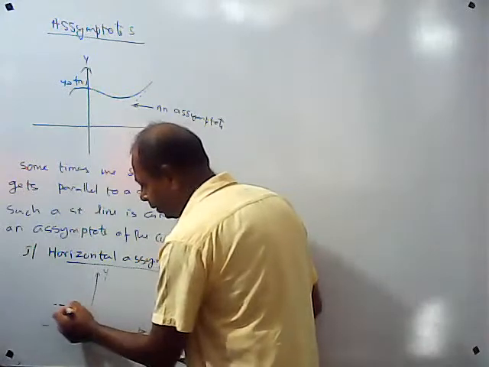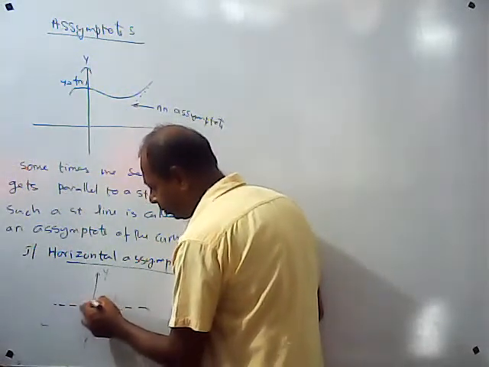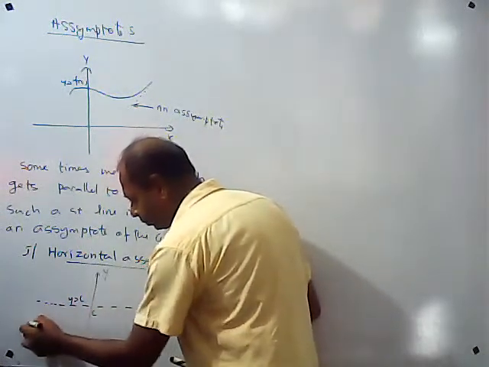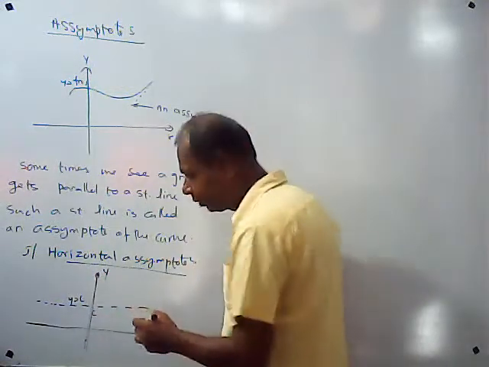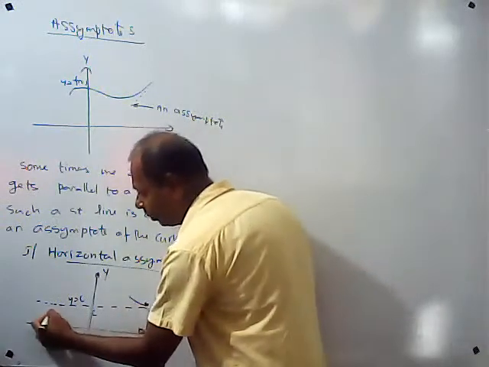If you have a line, say passing through c, so there will be y equals c, a straight line like this, to which the curve gets parallel, like this, or maybe from below.